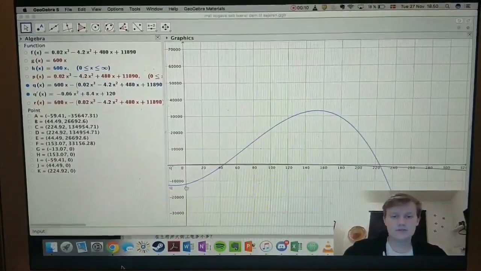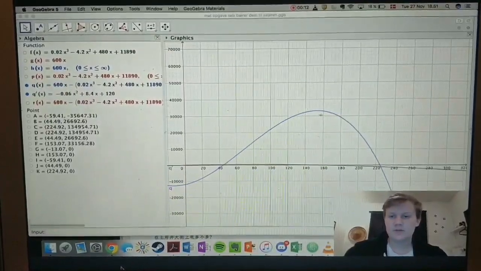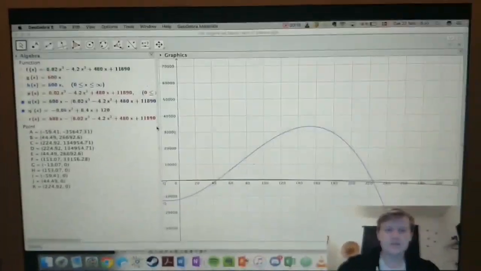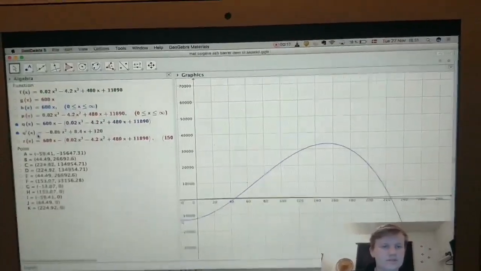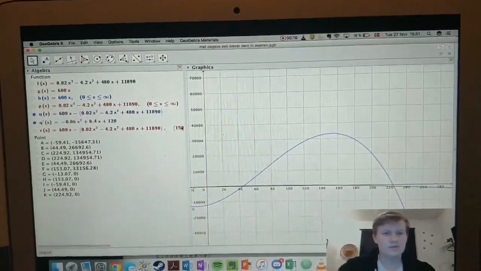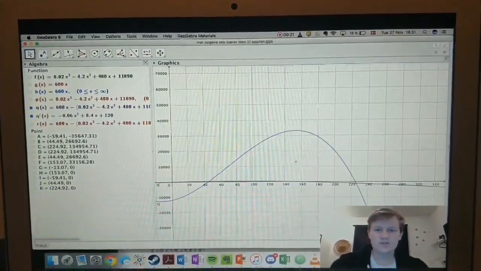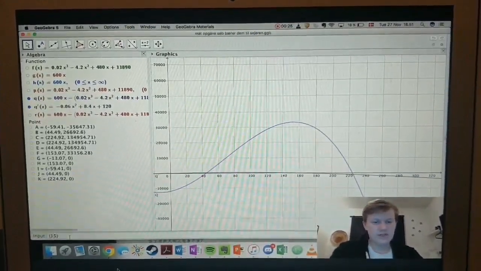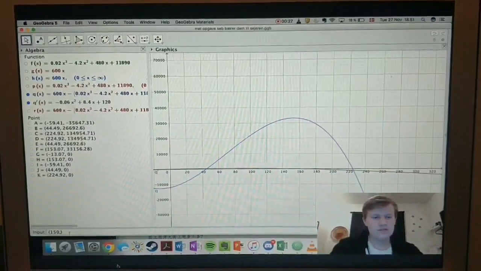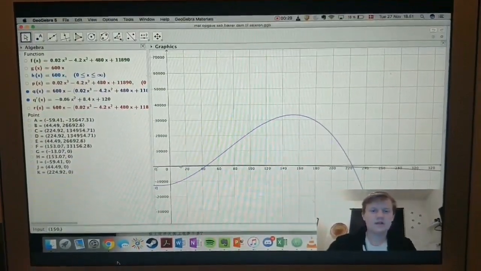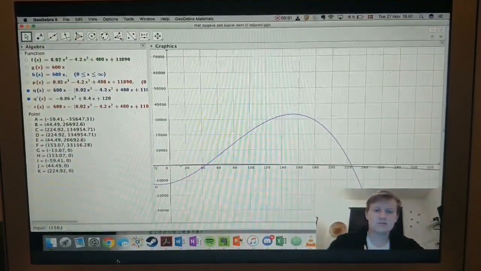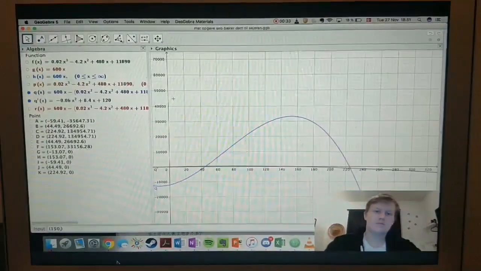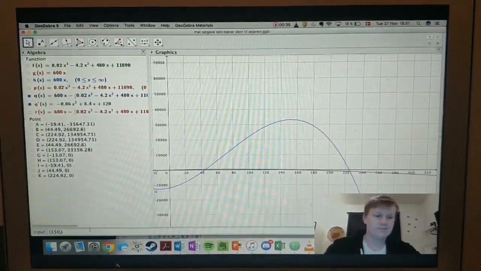Then 3B, where we have to find the profit at 150 liters. So I did some preparing here, where I put in the profit function. As you can see over here, it's Q and it's purple, which matches with this. When we have to find the 150, we take that as our x value, because the x-axis symbolizes liters produced and the y value symbolizes profit earned.